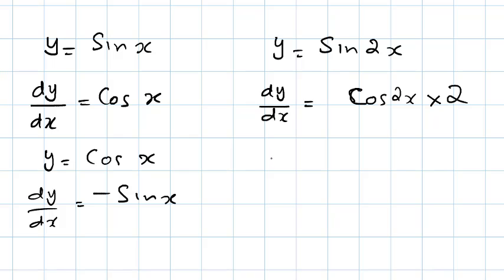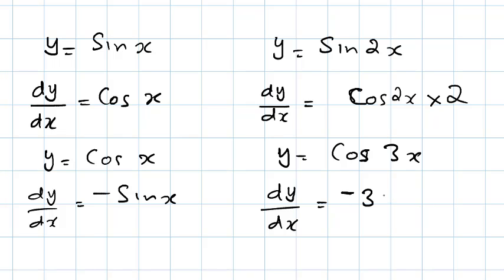Apply the same thing for y equal to cos 3x. How to do this for cos 3x? dy by dx equal to, if it is cos x, you get minus sin x, and if it is cos 3x, you get minus sin 3x, but you multiply by 3. So the answer must be minus 3 sin 3x.